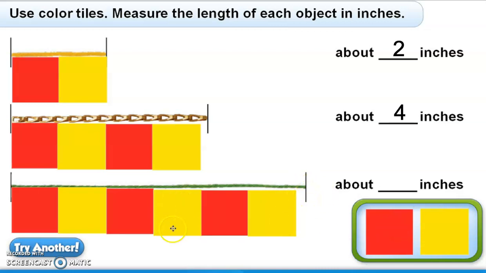It also could be because some of my tiles might be overlapping, but it's okay. We can still figure out about how many inches it is. So let's count how many tiles we used. 1, 2, 3, 4, 5, 6. So we can say that this object is about 6 inches long. Okay?